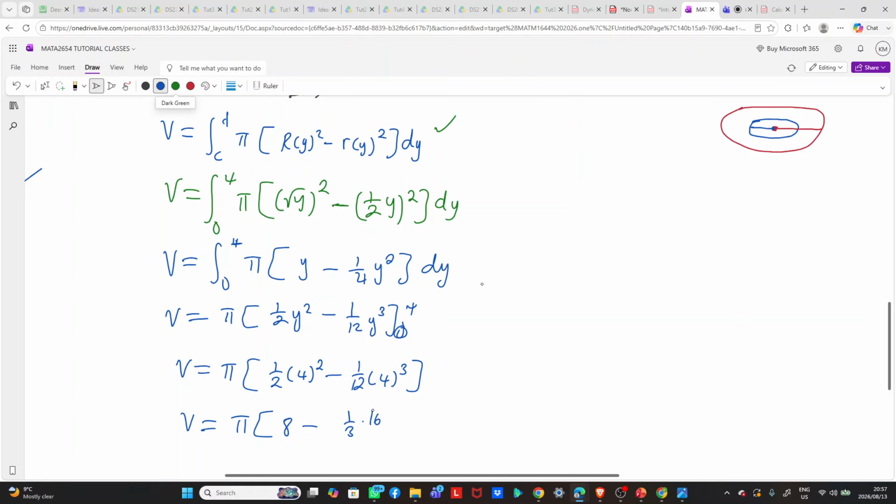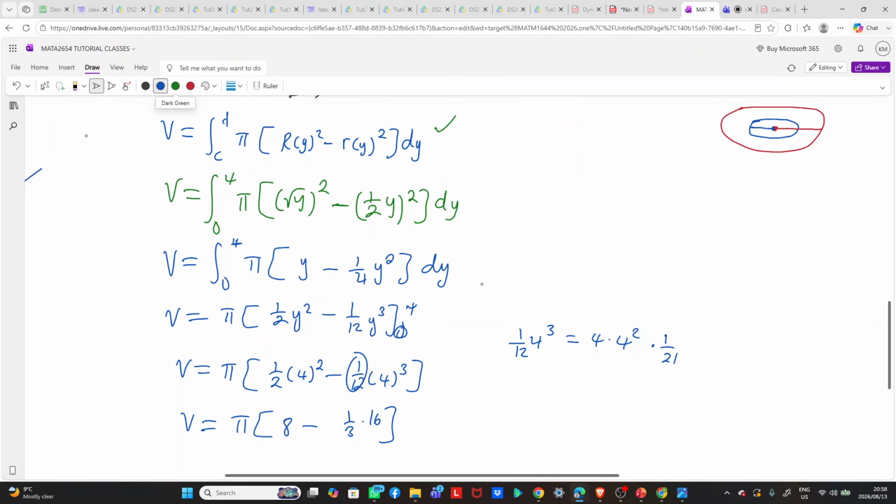Yeah, 3 doesn't go into 16. That's 3, 6, 9, 12, 15. No, it does not. So I rewrote this as 4 times 4 squared. If you know what 4 to the power 3 is right away, you can do that. Okay, but I see this is multiplied by 1 over 12.